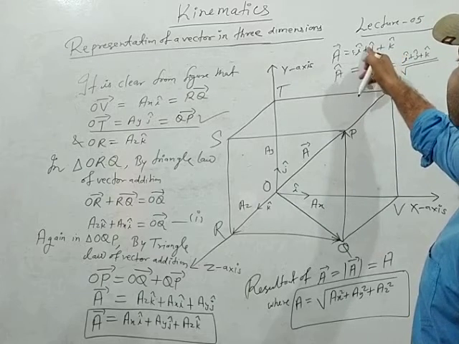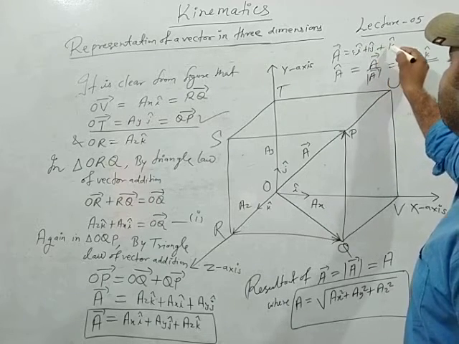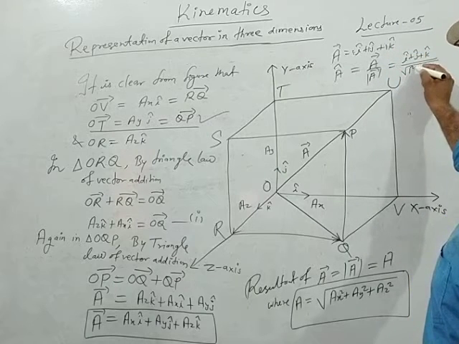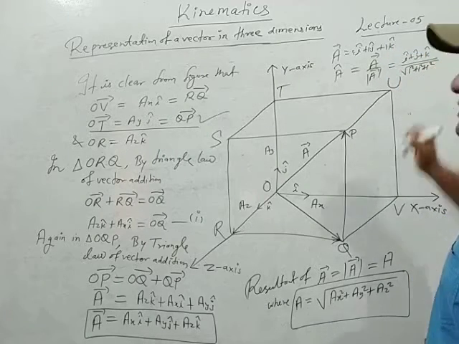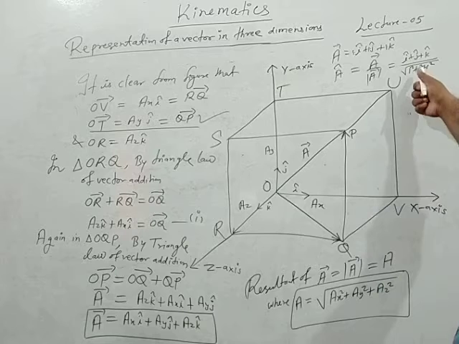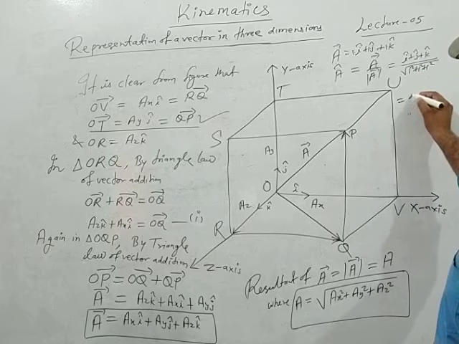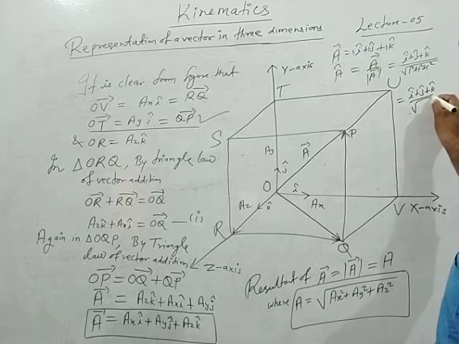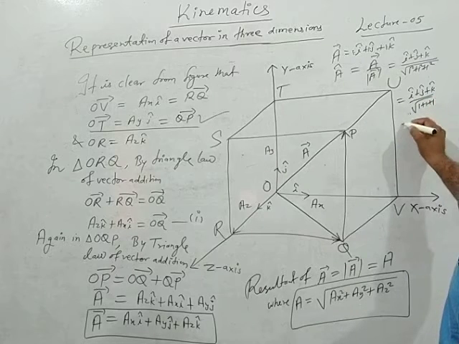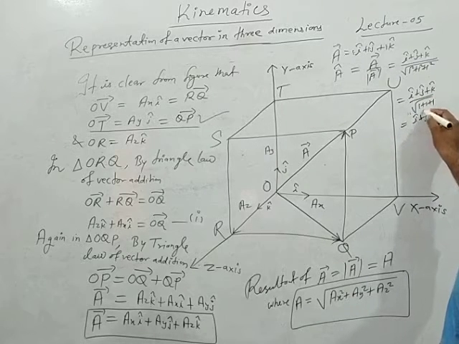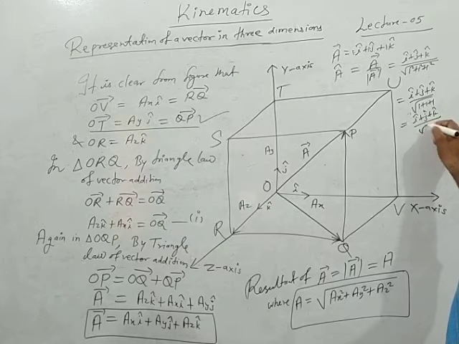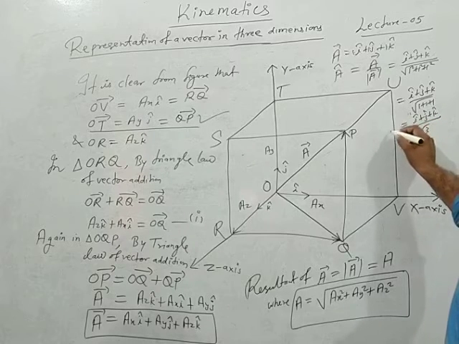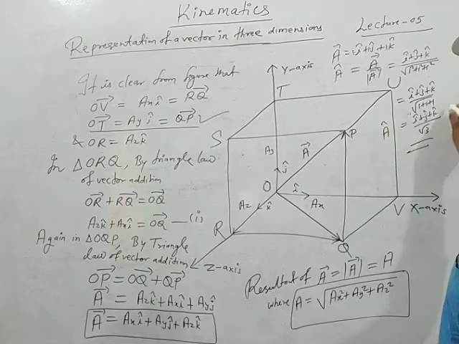J coefficient same as 1, and k coefficient same as 1. So 1 square plus 1 square plus 1 square, that is 3 times 1. So i plus j plus k upon root of 1 plus 1 plus 1, that is equal to i plus j plus k upon root 3. This is the concept of unit vector A.